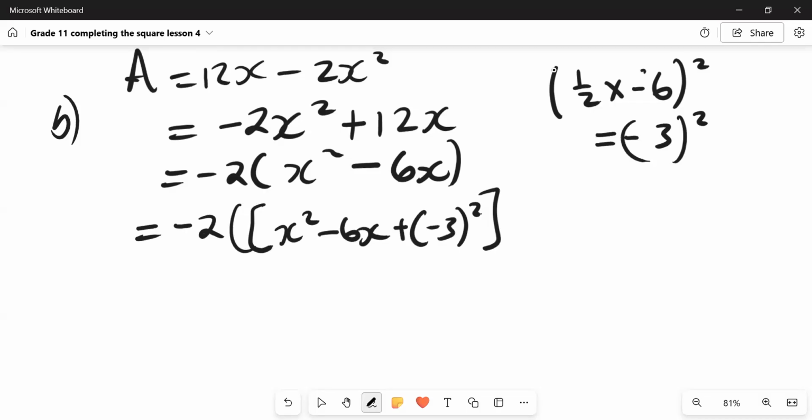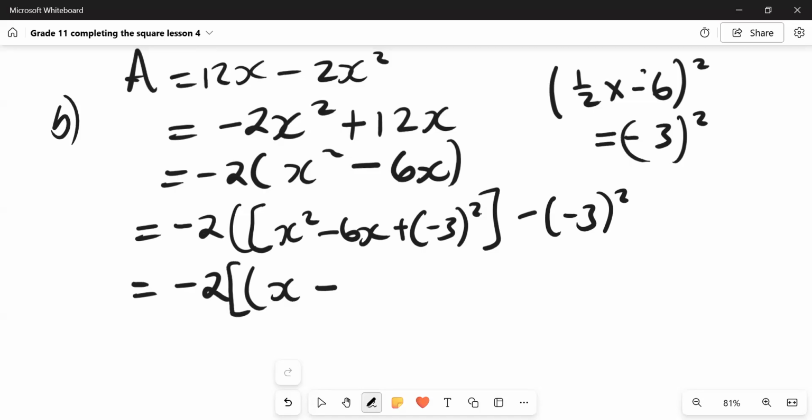Then obviously here we have a 0, so there's nothing that we can do but rather to subtract that, minus 3 squared. And then from here, you'll have your minus 2, now the square root, that's x, minus 3, all squared there, and then minus 9.